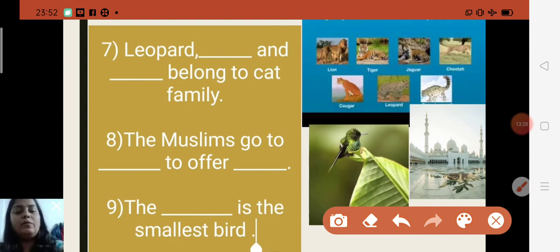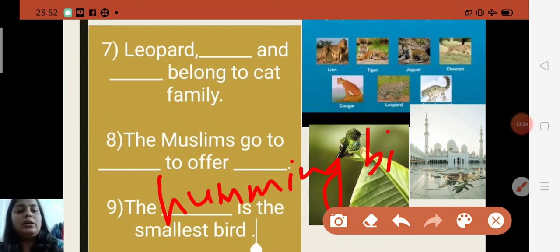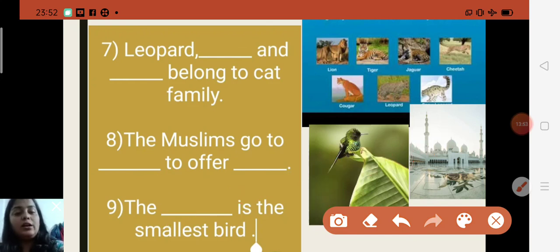Hummingbird is the smallest bird. And which is the largest bird in the world, children? Ostrich. And the smallest bird? Hummingbird.